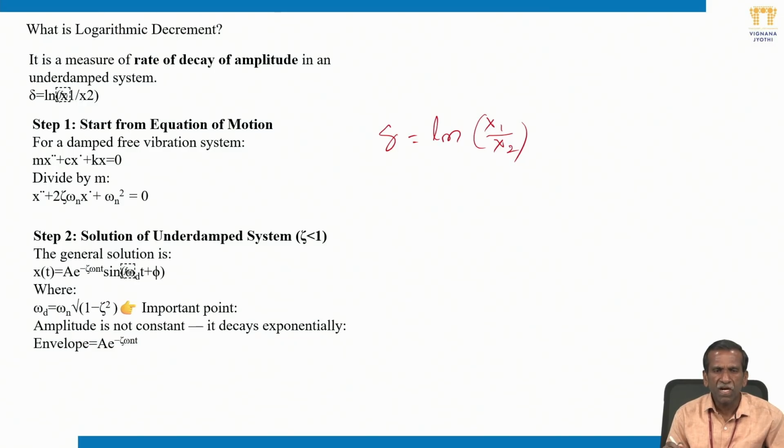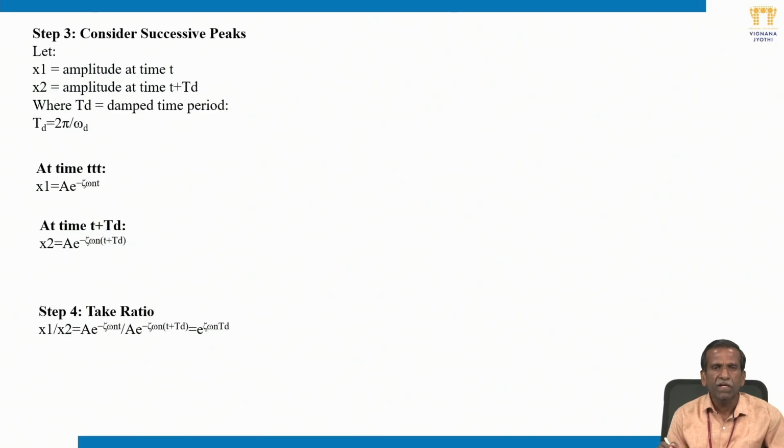So the amplitude is not constant, it is continuously varying till it decays. The term a e power minus zeta omega n t is called the envelope. The e power minus means the amplitude is decaying exponentially. We will see further.